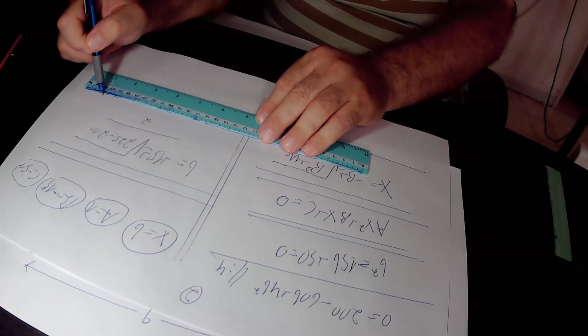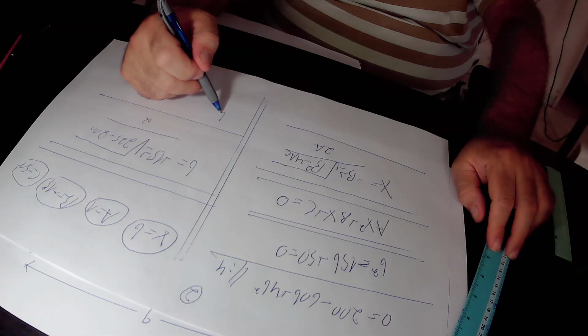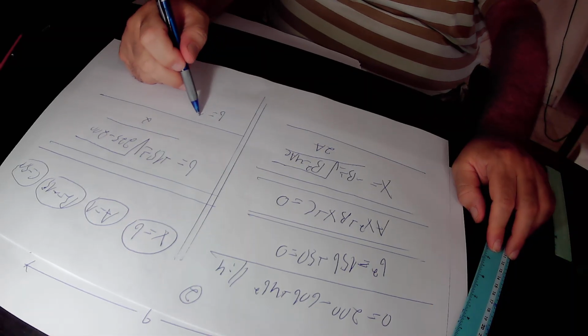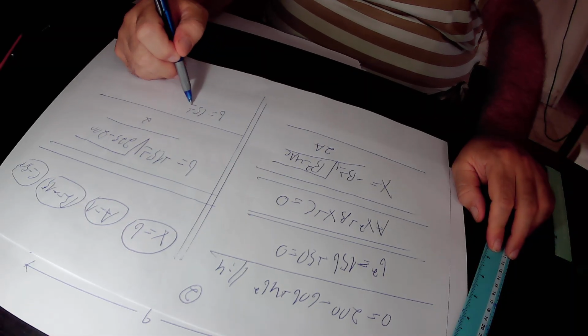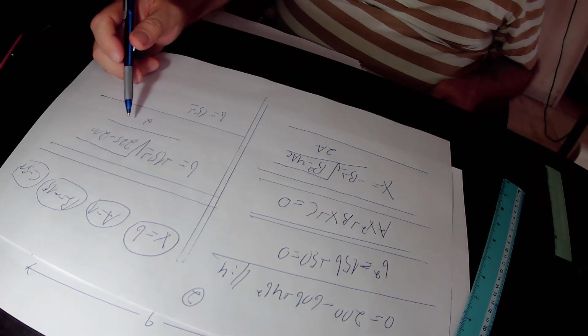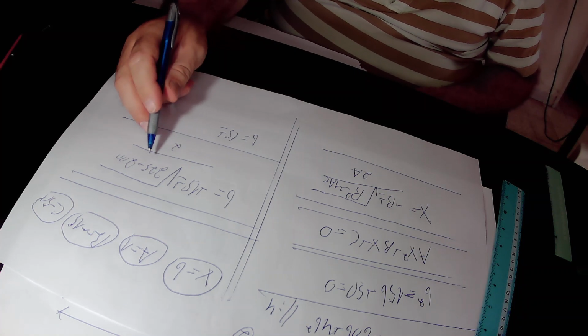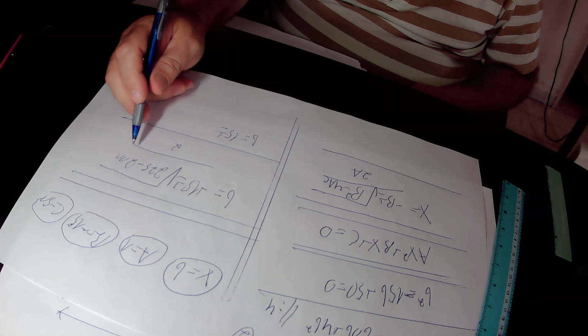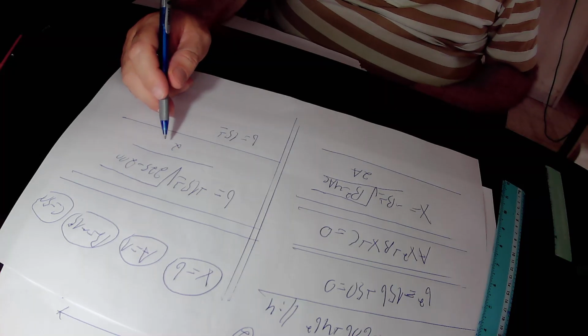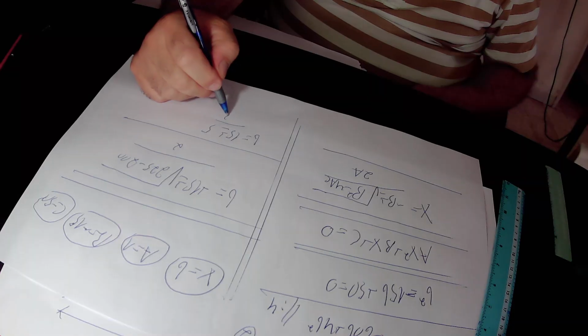So in total, we found out that B equals 15 plus minus, inside the root we have 225 minus 200 is 25, and the square root of 25 is 5, divided by 2.